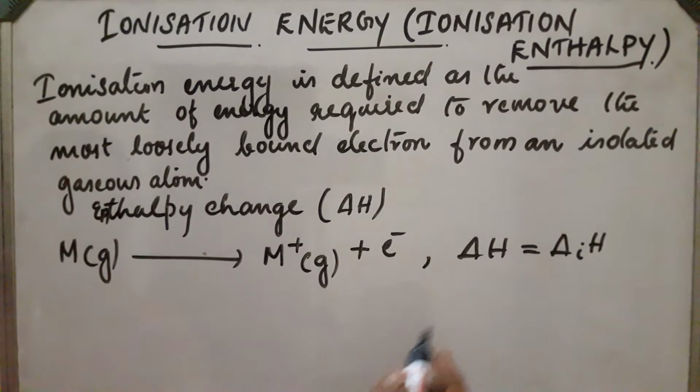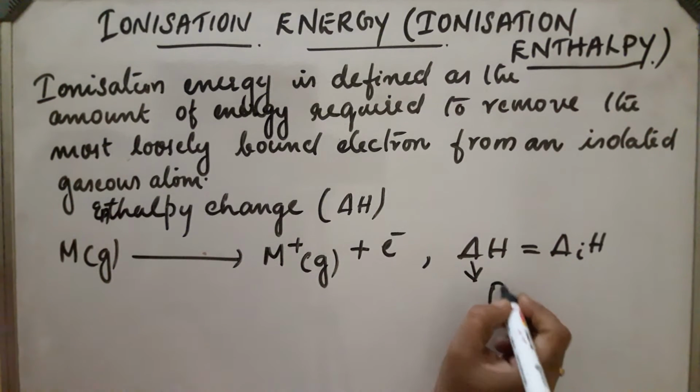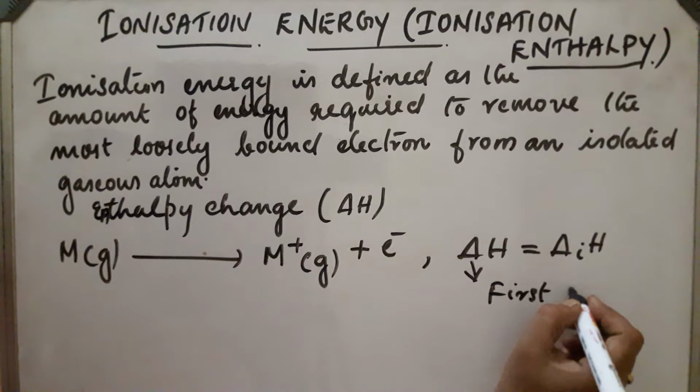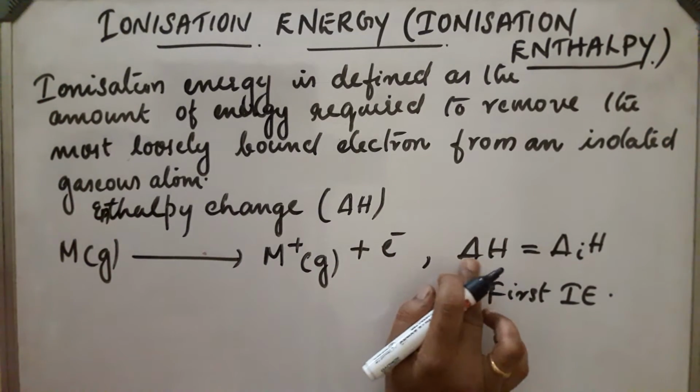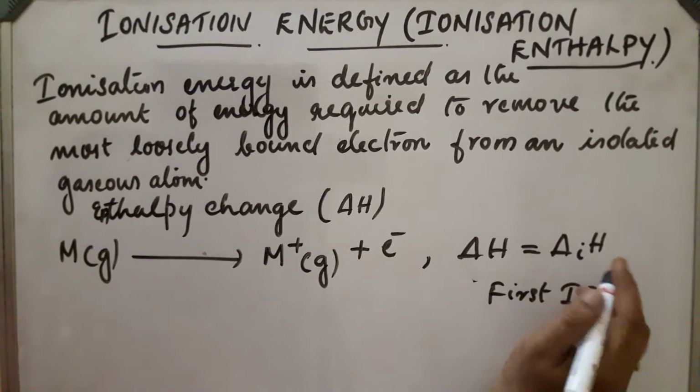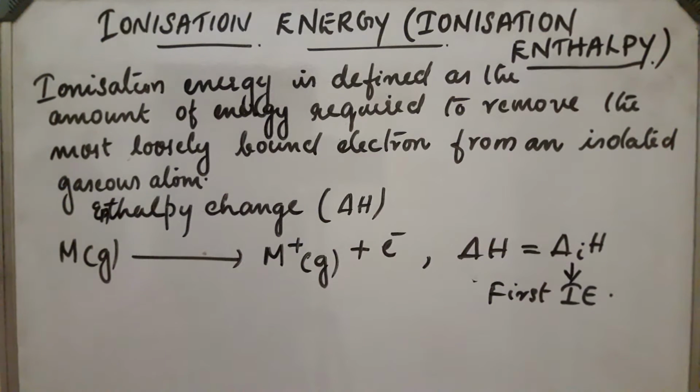This is called the first ionization energy. This enthalpy change is the first ionization energy, so delta H will be equal to delta IH. The smaller the value of this ionization energy, the more easily the electron can be removed from the atom.